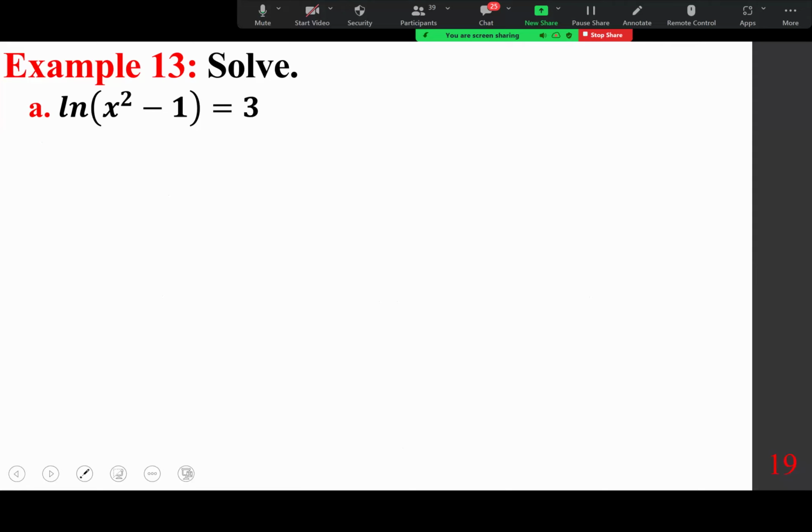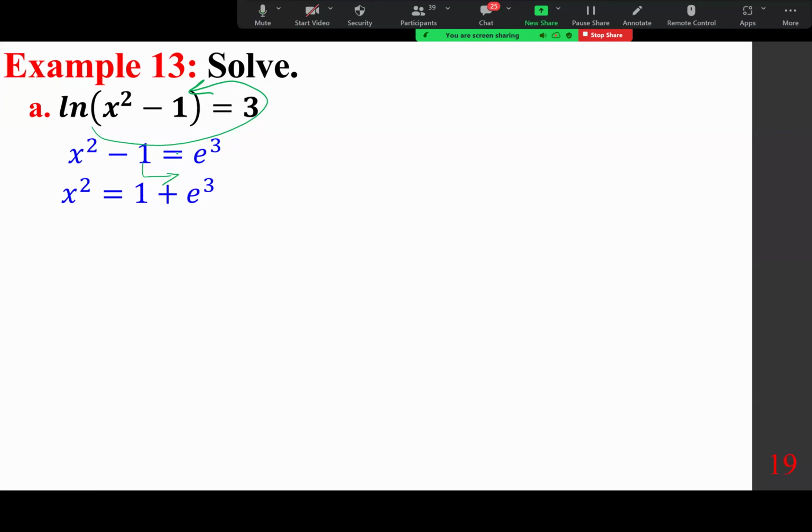We want to solve the equation ln of x squared minus 1 equals 3. E to the third is x squared minus 1, right? By definition. Move this, make it plus 1.